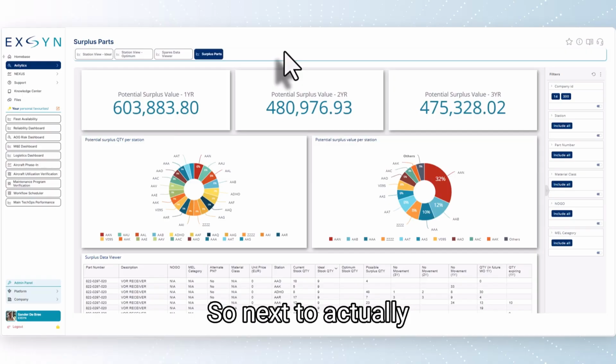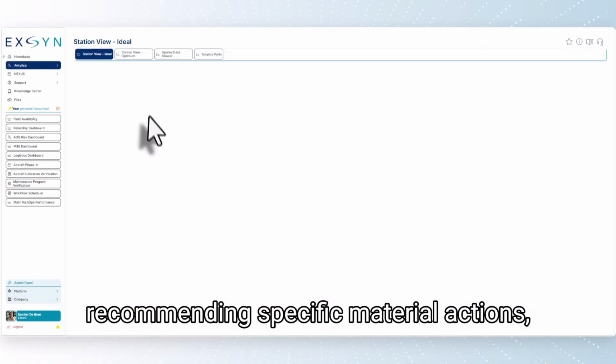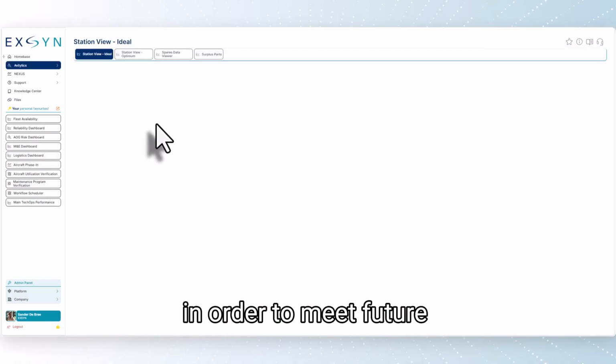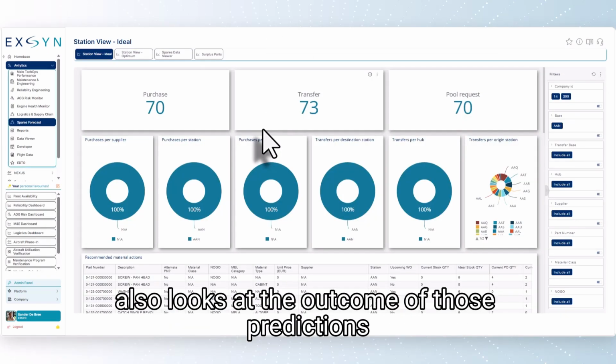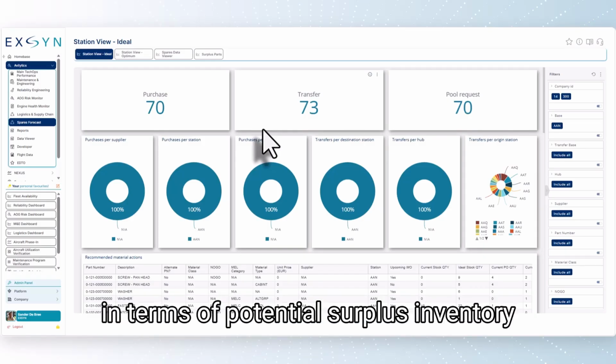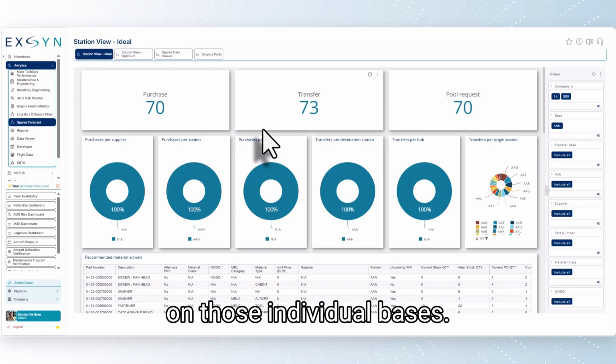So next to recommending specific material actions in order to meet future material demands, the spares forecast predictions also look at the outcome of those predictions in terms of potential surplus inventory on those individual bases.